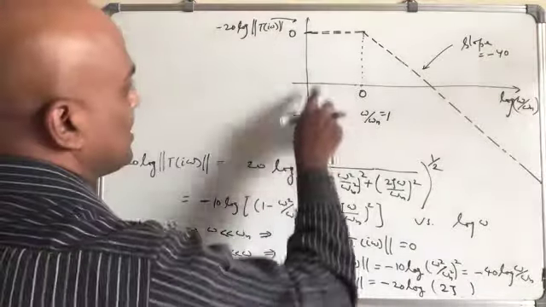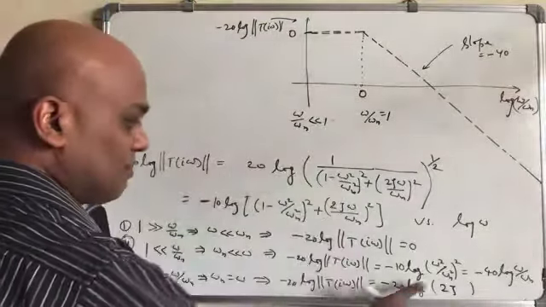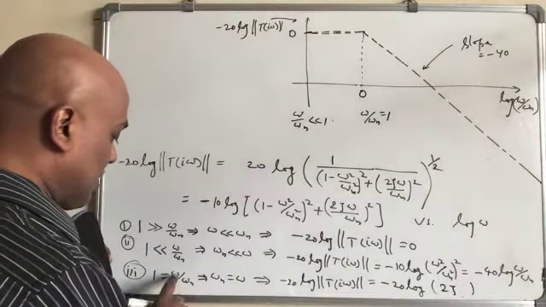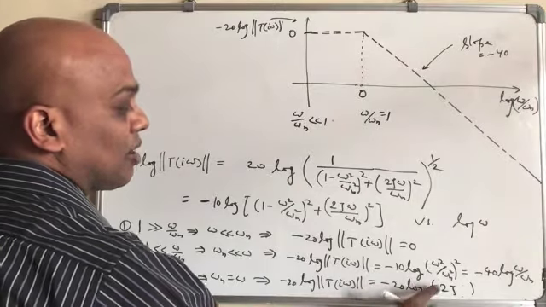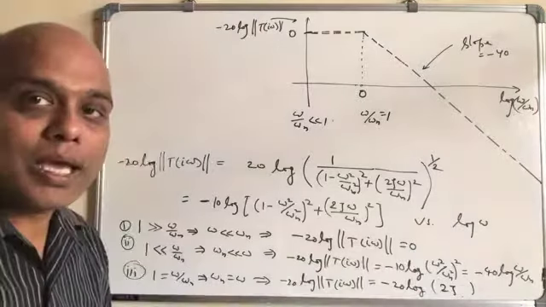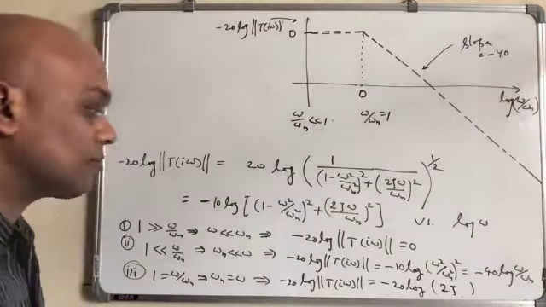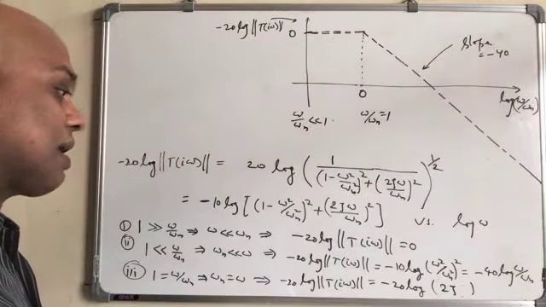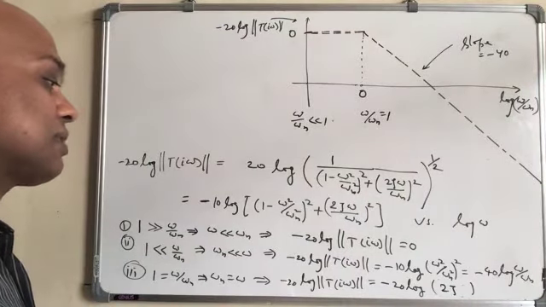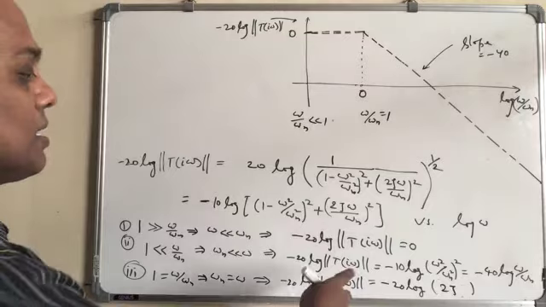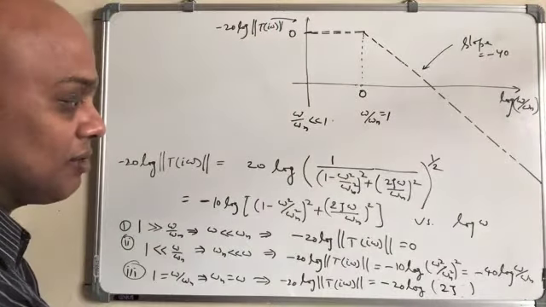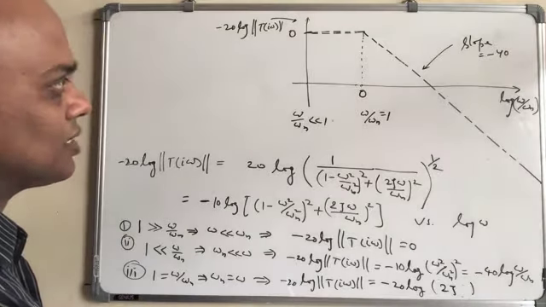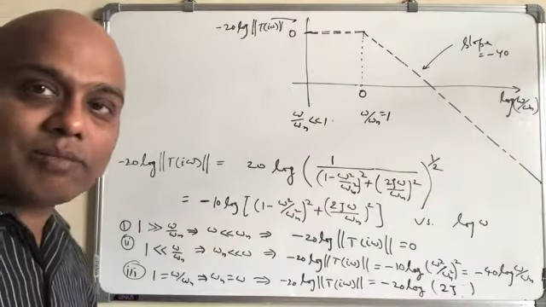In between, when you have omega equal to omega n, it simply equals minus 20 log 2 zeta. Say if the value is 1, for example, then you will have a different value, and so on.